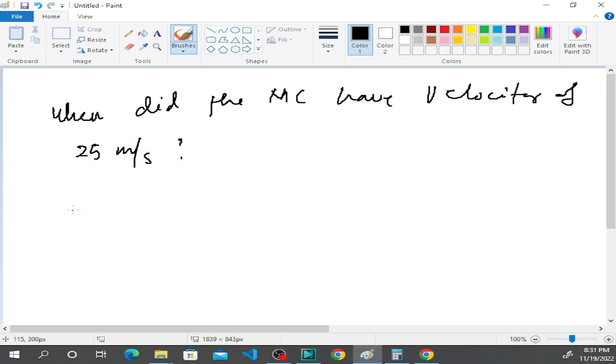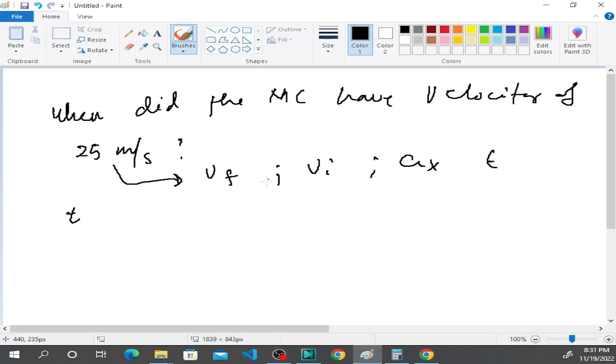So t is unknown, and we can assume that 25 meters per second here is our vf. We know the value of vi, and we also have the value of acceleration along the x-axis.